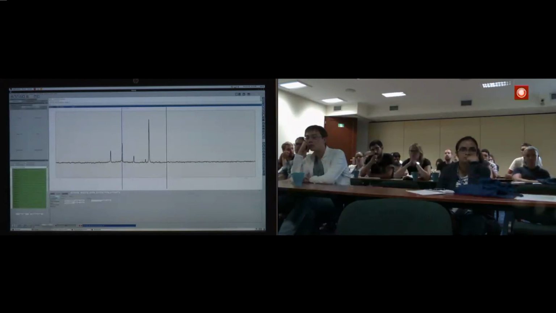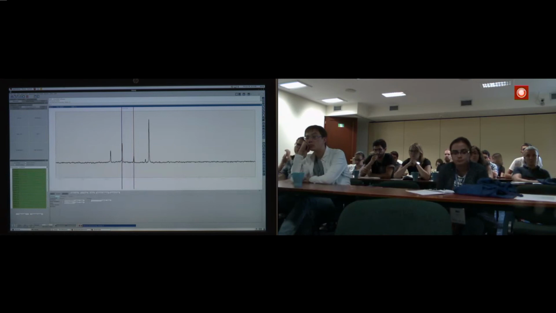And it's very easy to distinguish the isotropic line from the MAS sidebands, because the distance between the isotropic signal and the satellite line, which is a rotational sideband, is exactly equal to the frequency of rotation.